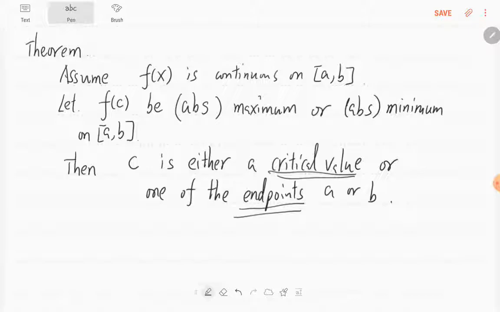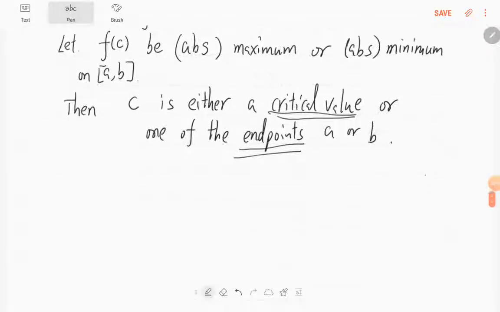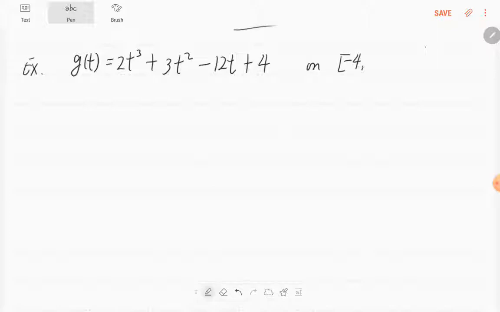Now we use an example to show how to determine the maximum or minimum values on a closed interval for a continuous function. Let's look at this example. We have g(t) equals 2t cubed plus 3t squared minus 12t plus 4 on the closed interval from -4 to 2.